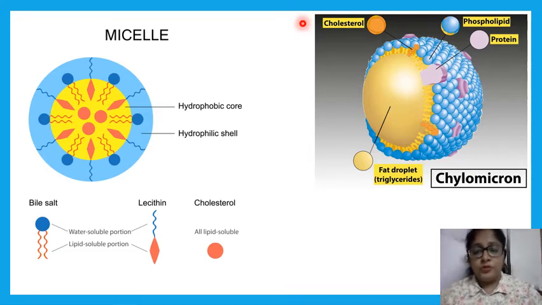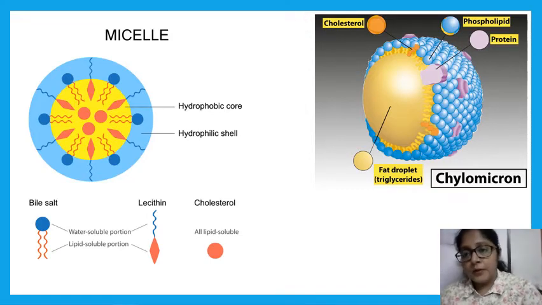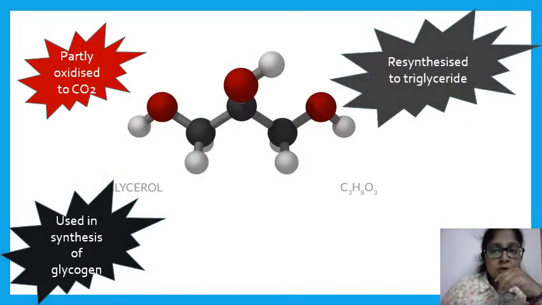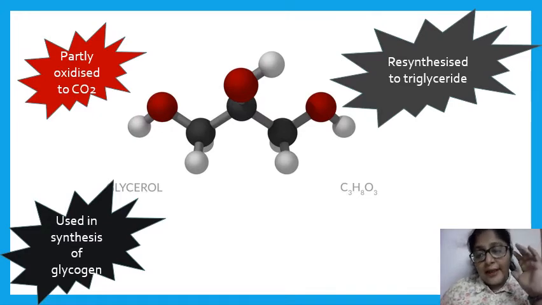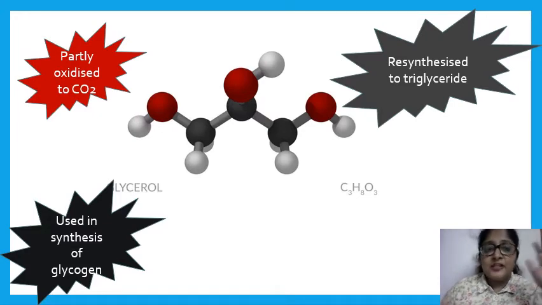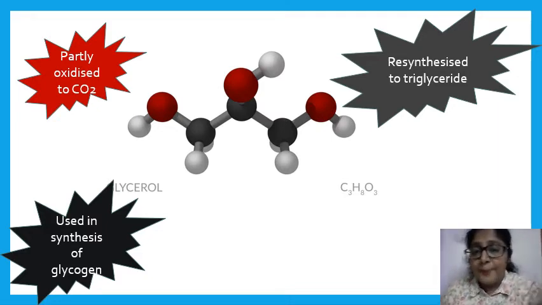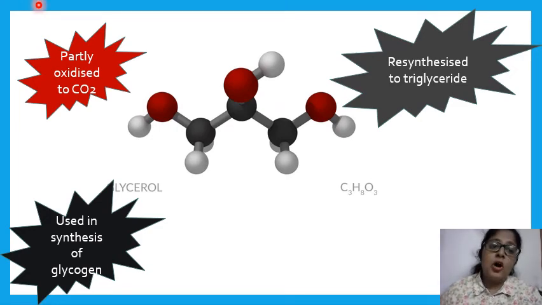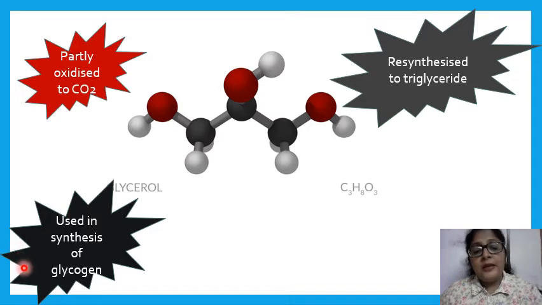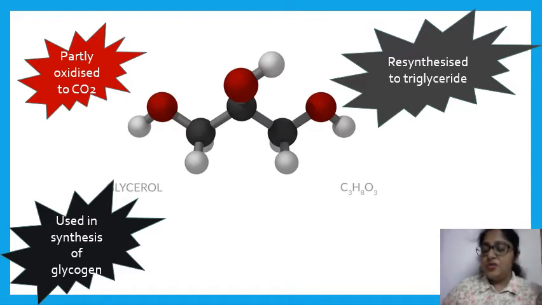Now we will come to the absorption of fatty acid and glycerol. Once the digestion of fat takes place and we get glycerol and fatty acid, what is the fate of this glycerol? Some glycerol is partly oxidized to carbon dioxide, some is used in the synthesis of glycogen, and some is resynthesized to triglyceride.